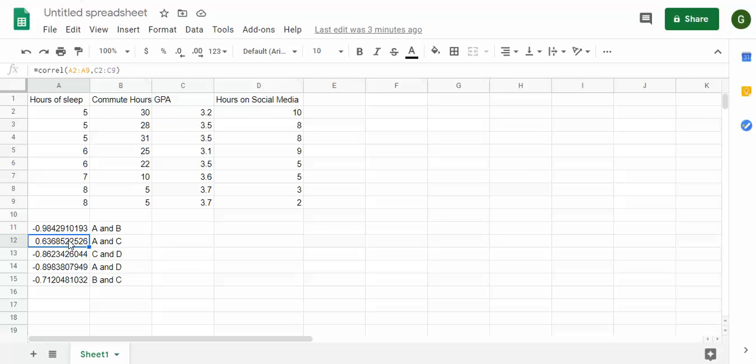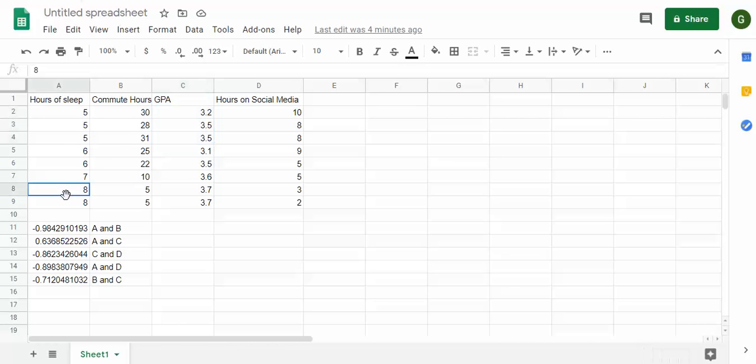That is hours of sleep and GPA. So it's a positive correlation, which means that in our data set, when hours of sleep goes up, GPA tends to go up as well. And you can actually see that here because the people who are getting 5 hours of sleep are getting lower GPAs on average, like 3.2, 3.5.